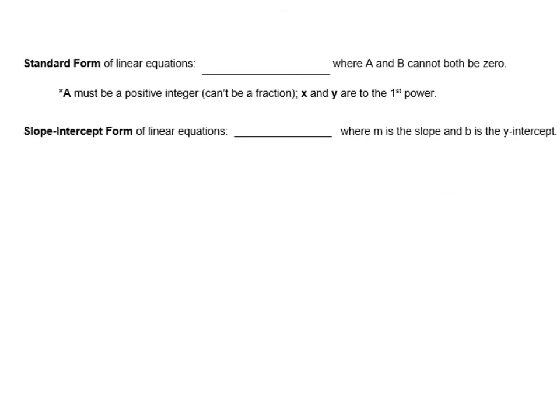All right, as we start working on these graphs and also the equations of linear functions, we're going to focus first on two forms of equations. We have standard form and we have slope-intercept form. So standard form of linear equations is the form ax plus by equals c, where a and b both cannot be 0.